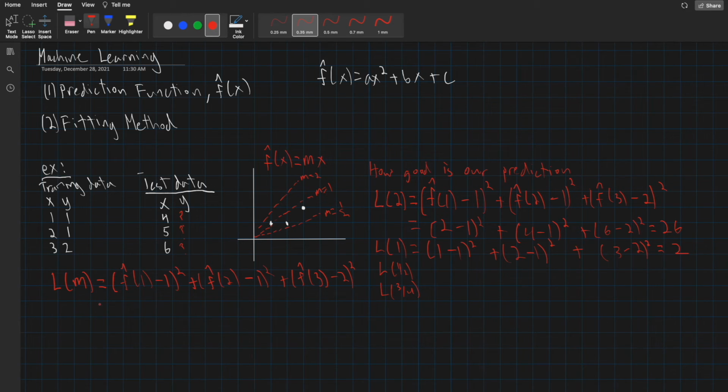We can also write this in a general expression for those of you interested. So the summation from i equals 1 to n, which is 3, because we have 3 data points in our training set, of f hat of xi, so our specific input, so x1 would be 1, x2 would be 2, x3 would be 3, minus the actual real output for that value, so what's in our actual training set, squared. So this is a more general expression.